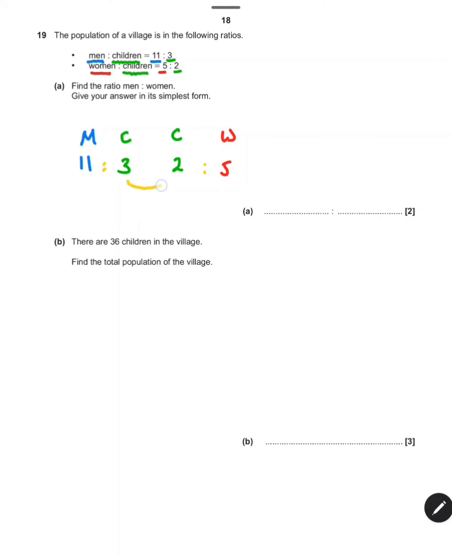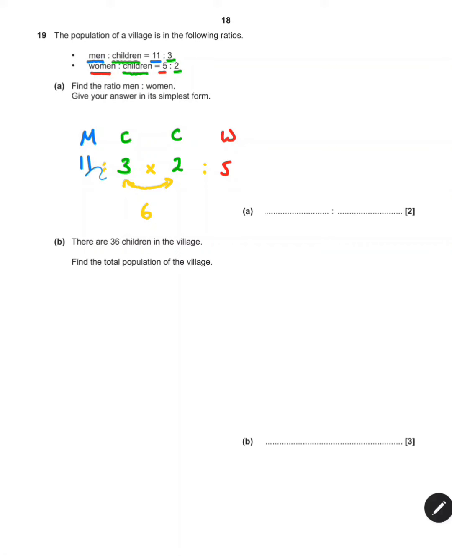Now if we look at this middle zone, we've got children to be 3 parts, children to be 2 parts. If we multiply those together, we can have children being 6 parts. We just need to apply the same multiplication to the entire ratio. So here, that 3 was multiplied by 2 to get 6.